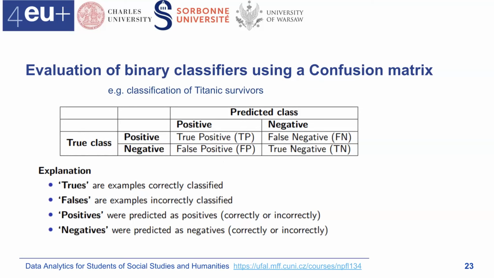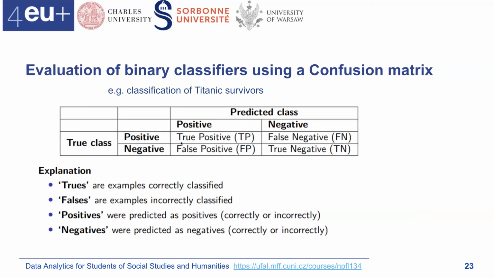And these cells in the table are the numbers of examples with specific properties. So in this column, we read the number of examples classified as positive ones by the system.